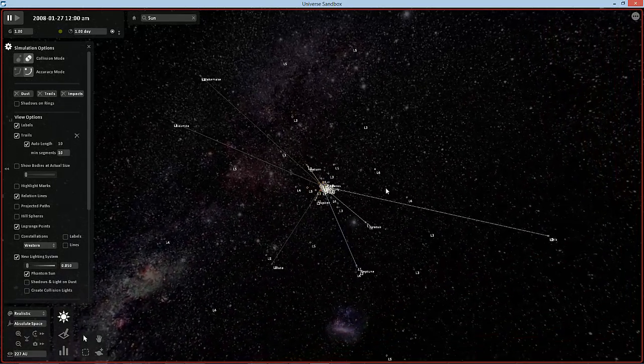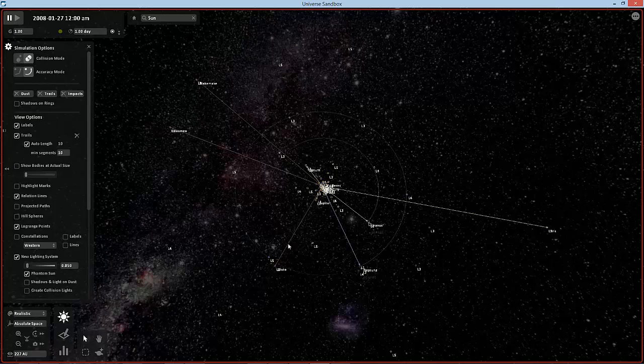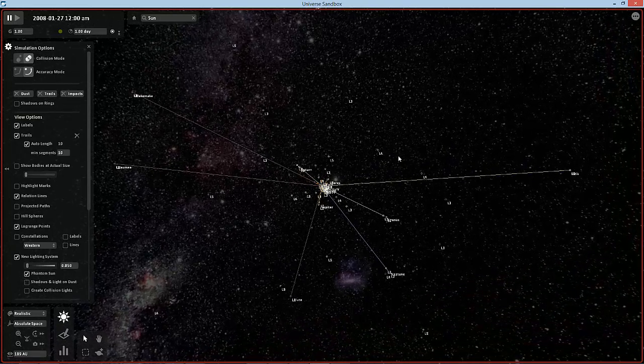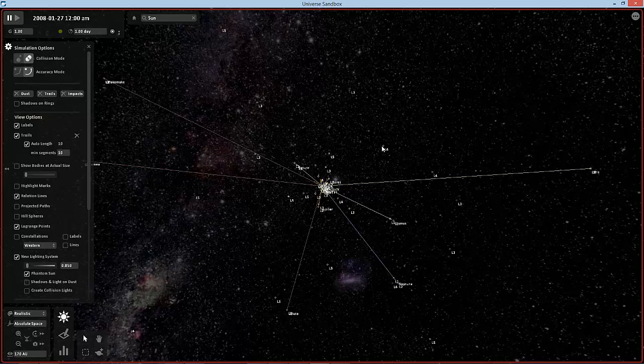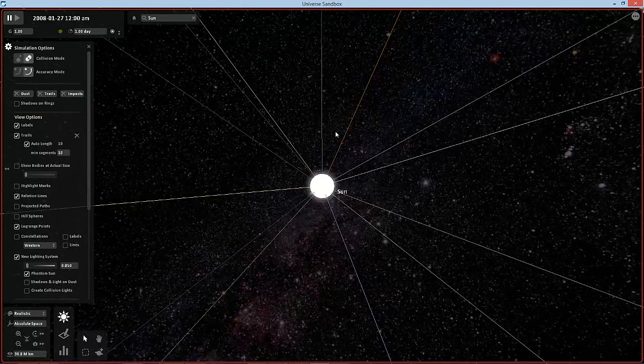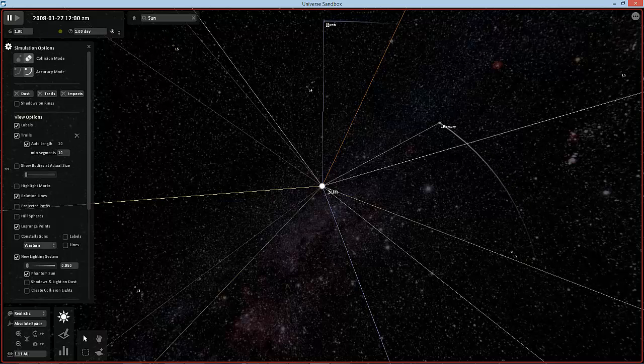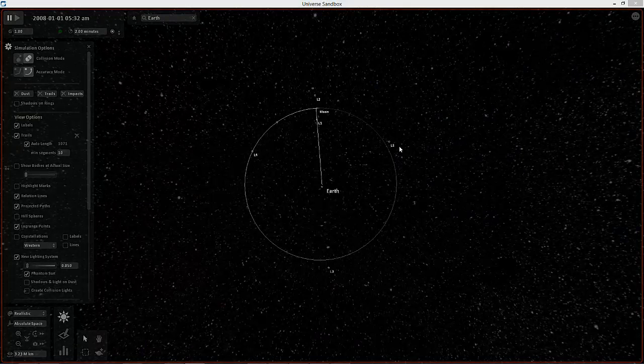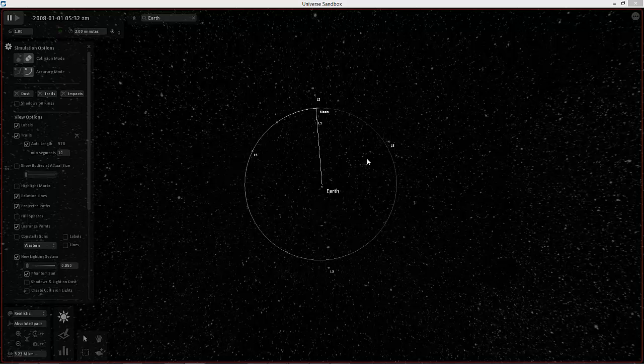Remember, L4s and L5s, they're stable and things will stay there, relevant to whatever it is that the L4 and L5 is around. Now, it's important to note that L4 and L5 is around 60 degrees from whatever it is.